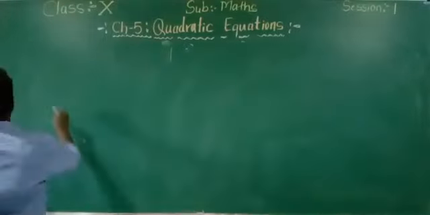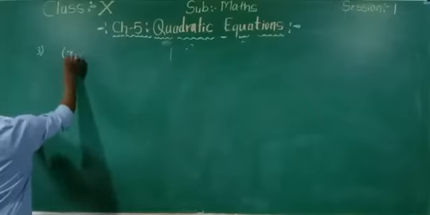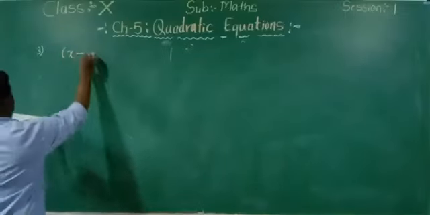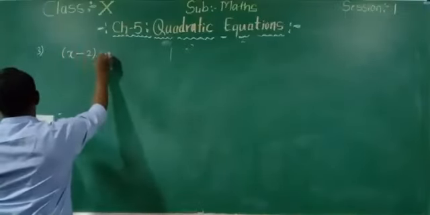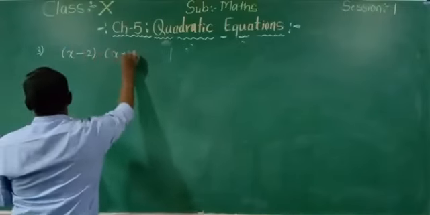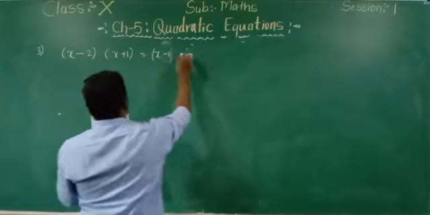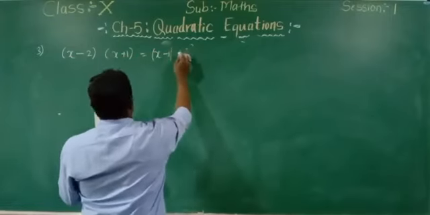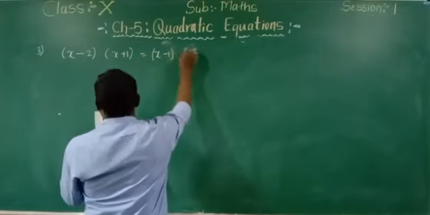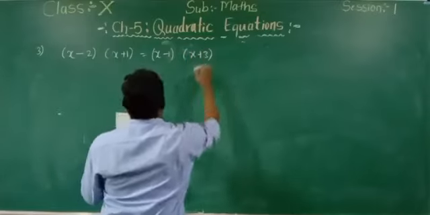The third question: x minus 2 into x plus 1 is equal to x minus 1 into x plus 3.